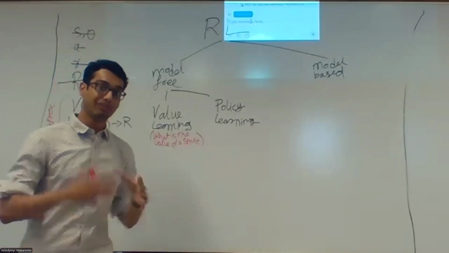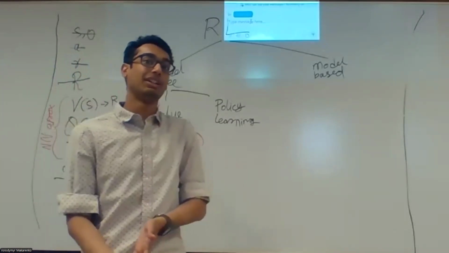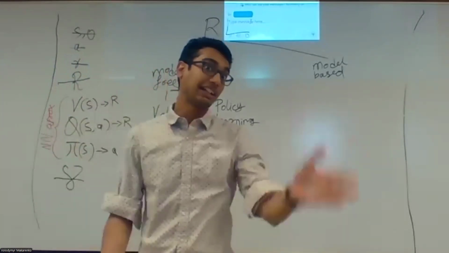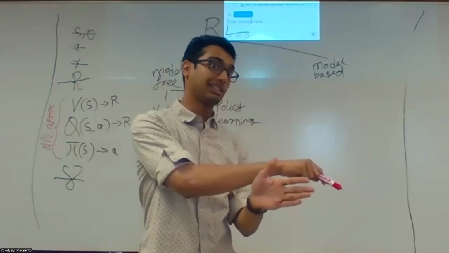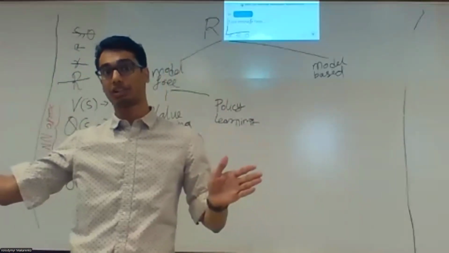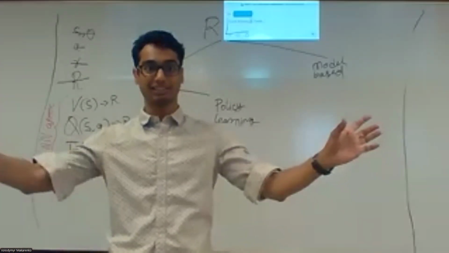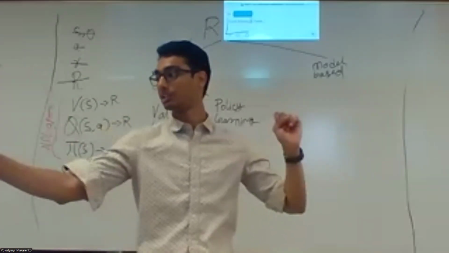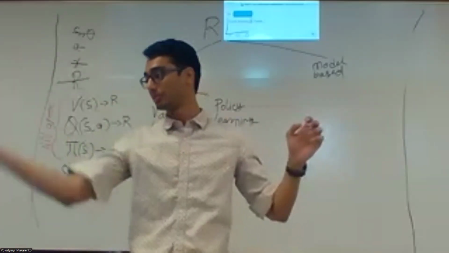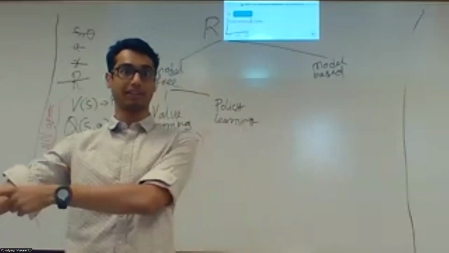And then when you want to figure out a policy of what action to take, you literally do a search. If I take this action, that's going to be the next state, and if I take that action, another action is going to be the next state. Now I have this state and that state. What's the value of this one? What's the value of that one? Which one has a better value? This one's got a better value, so I take the action that leads to that.